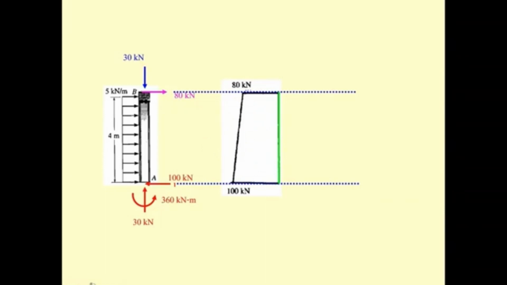Okay, this one is going to have the value of what? 100. Okay, it's 100, and then you get the uniformly distributed load. So the S along this line is going to be negative.